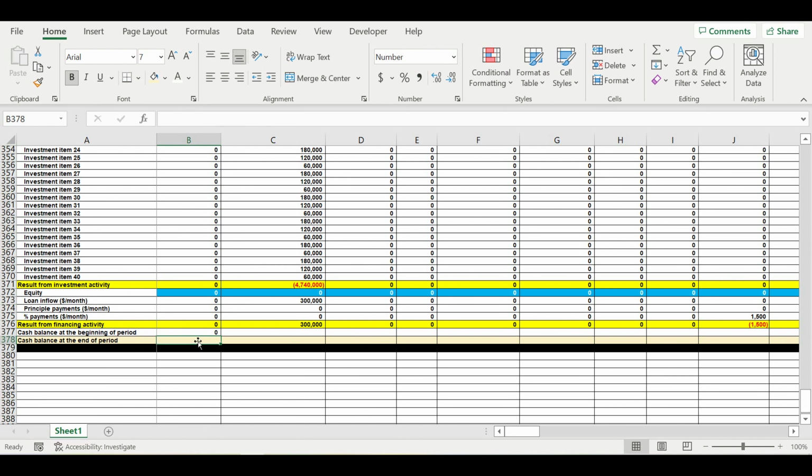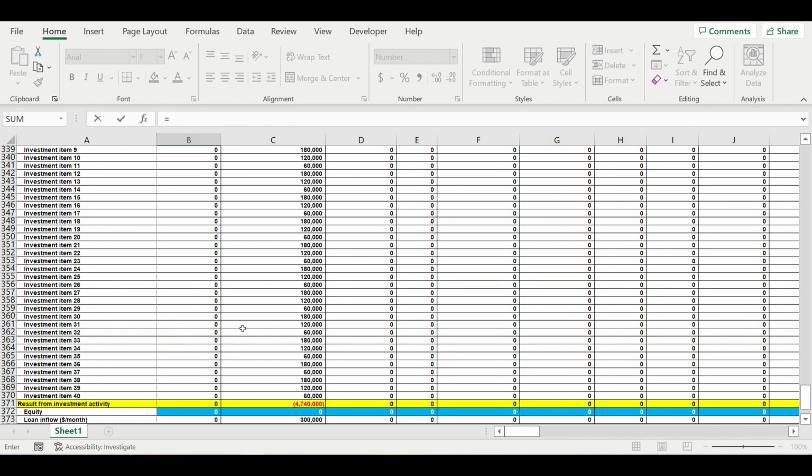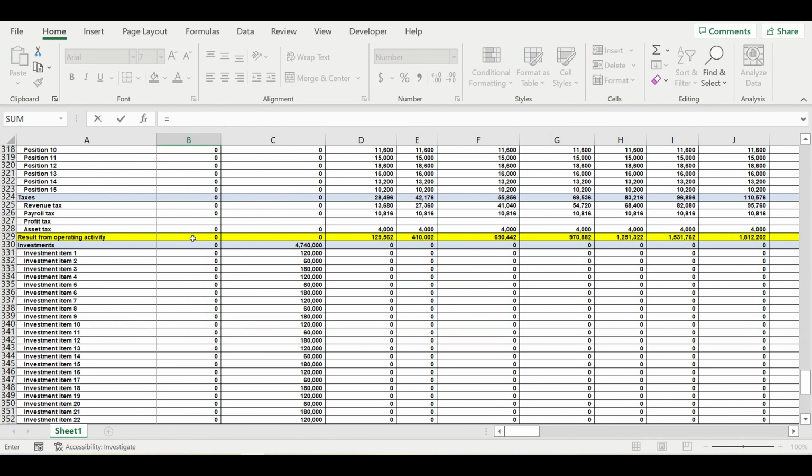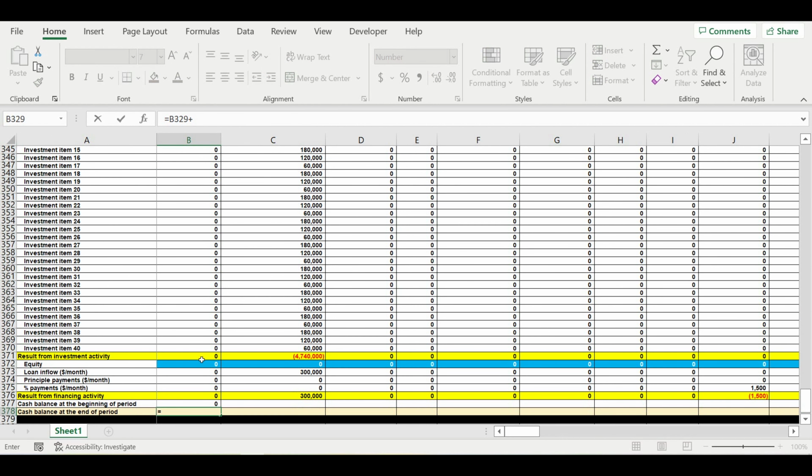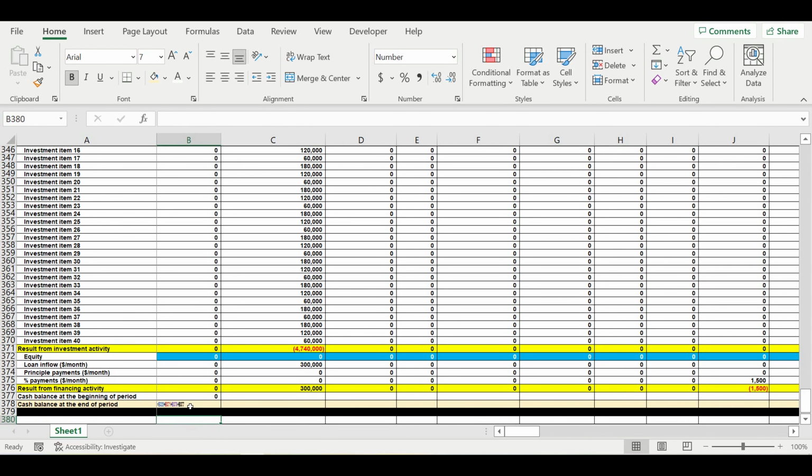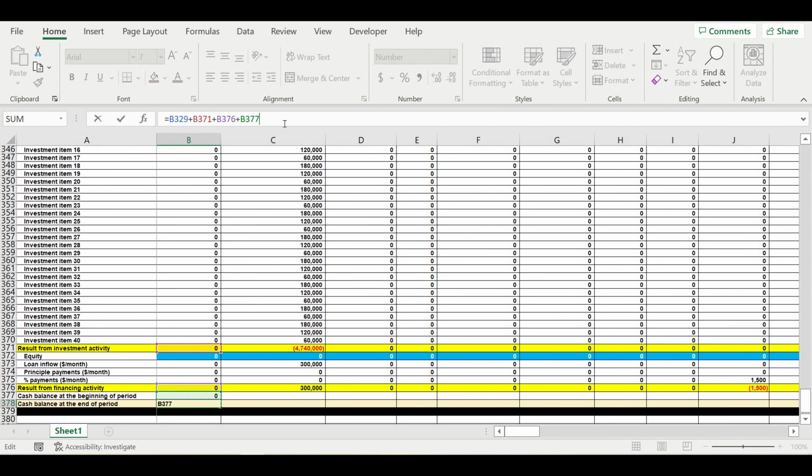Then for cash balance at the end of the period, we're just taking totals for result from operating activity plus the result from investment activity plus the result from financing activity plus cash balance at the beginning of the period.